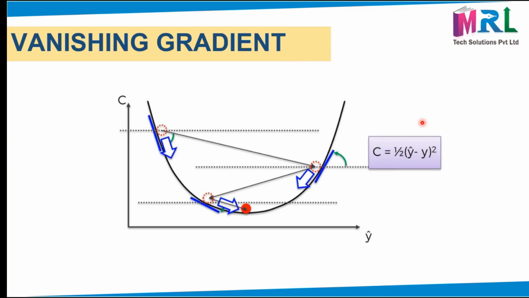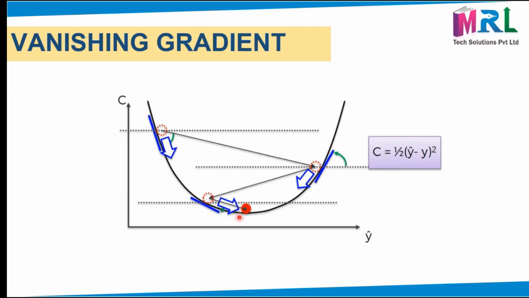And one of the issues we are going to discuss is some issues in the recurrent neural network. So the first one is vanishing gradient. So we know what gradient descent is.